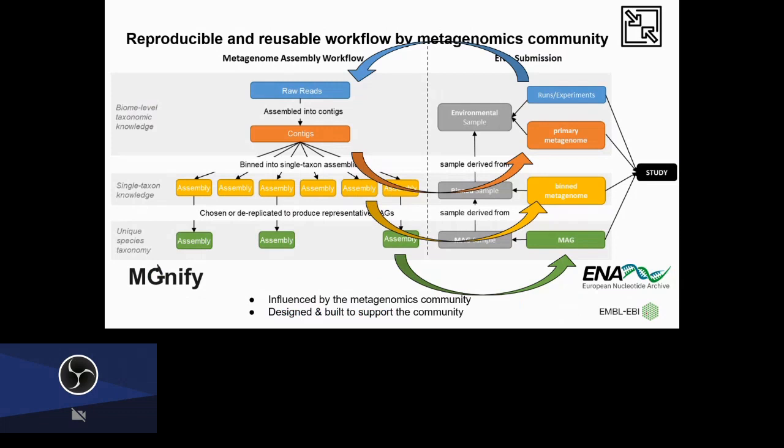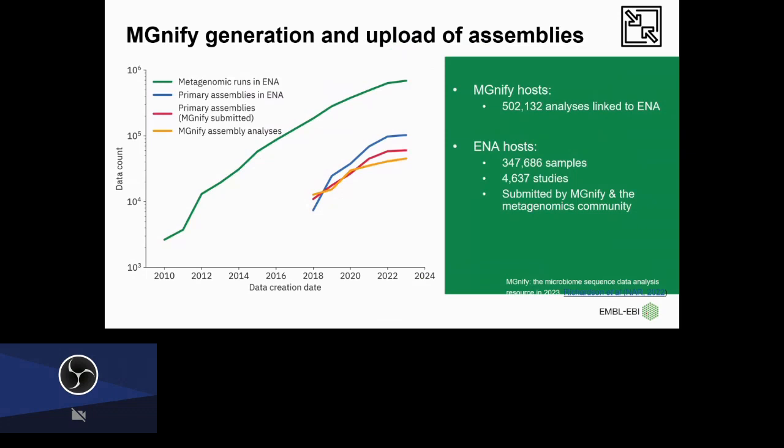It's a similar approach: getting the raw reads, analyzing the contigs and bringing the assemblies together, and if the assemblies can be identified, they can be submitted as metagenomic assembled genomes back to ENA. Again, they're all grouped in studies to be retrievable later on and make access a little easier.